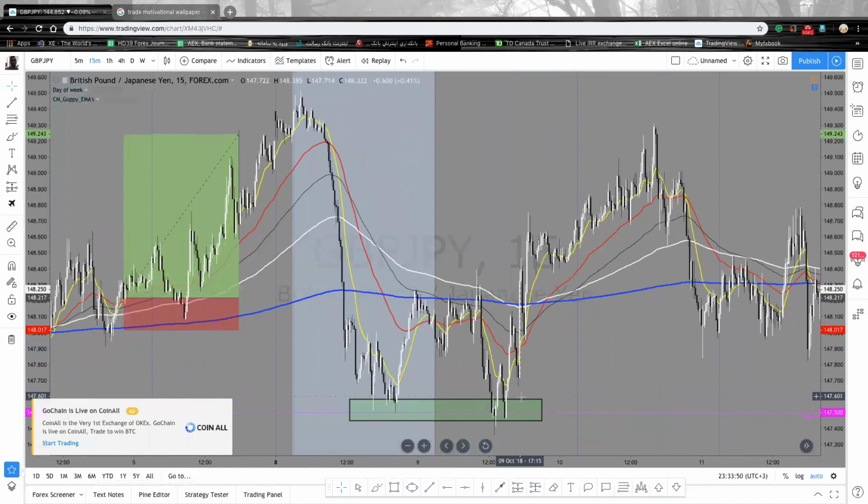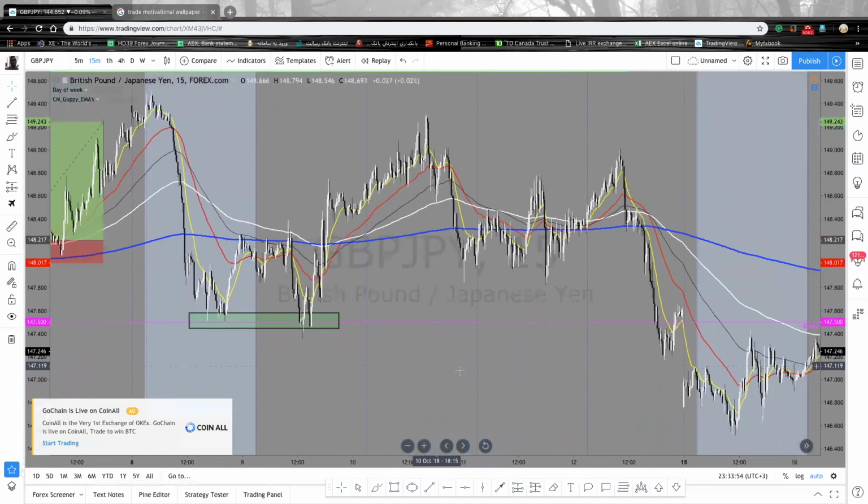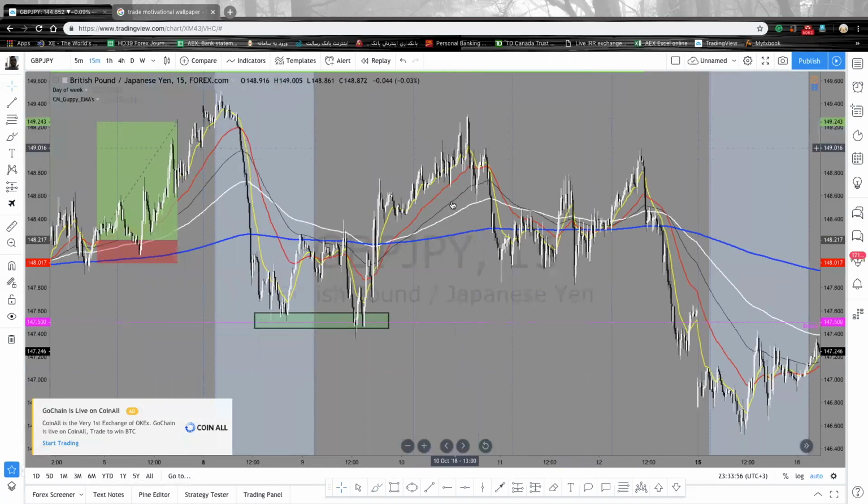So in here, price goes up. We look for a midweek reversal. You see it's coming in here at the Monday's high.